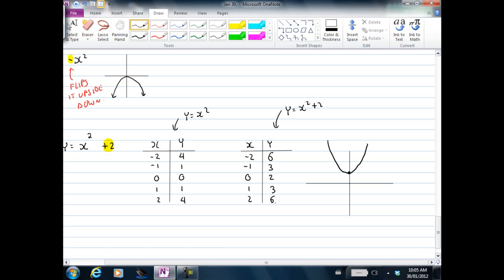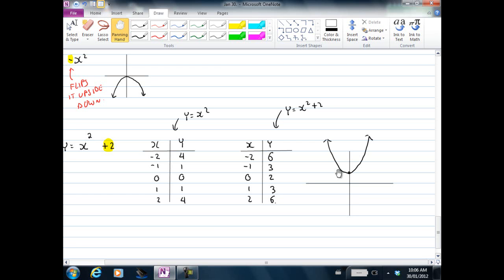And notice one thing: my vertex has moved. Max, min, domain, range, and the vertex. Same concept. Just some basic stuff.